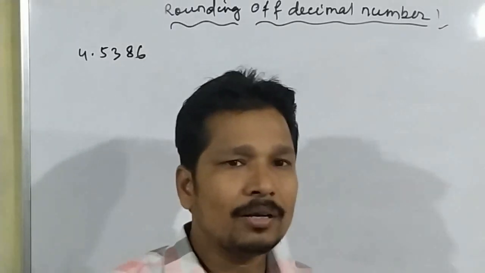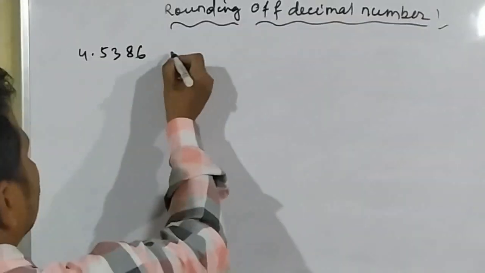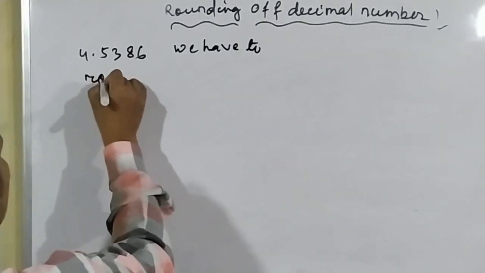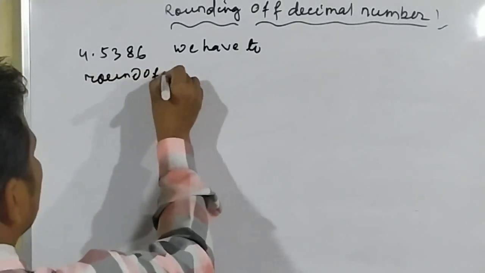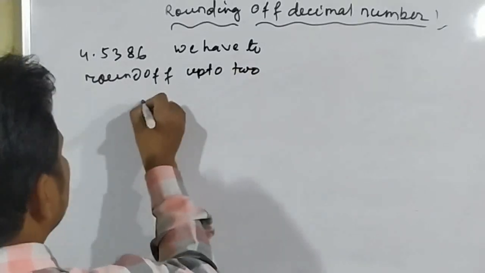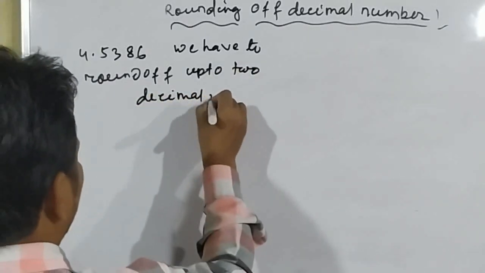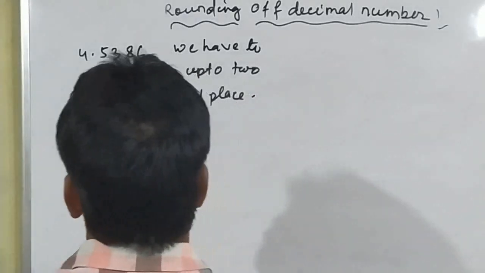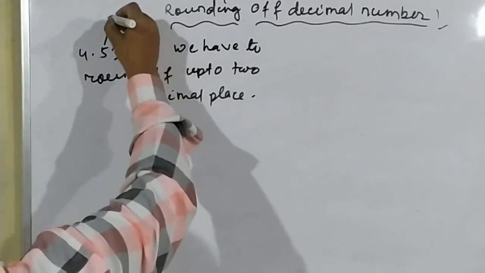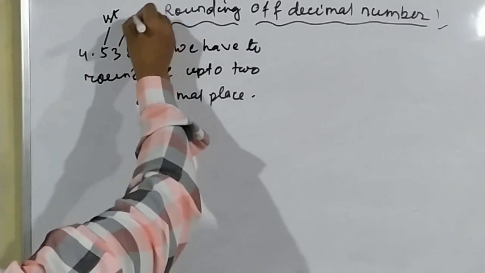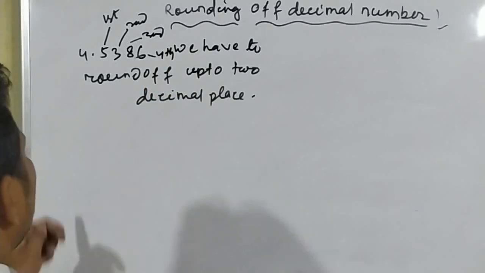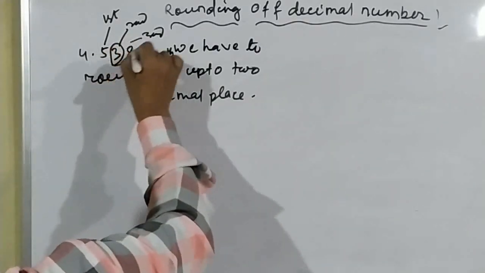Okay, we have to round off to two decimal places. This is the first decimal place, this is the second decimal place, this is the third decimal place, and this is the fourth decimal place. Already we know that, and we have to round off these numbers.